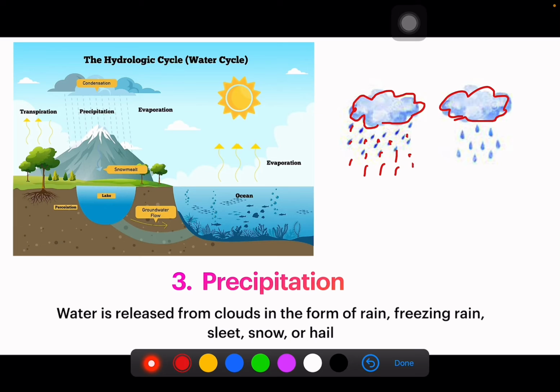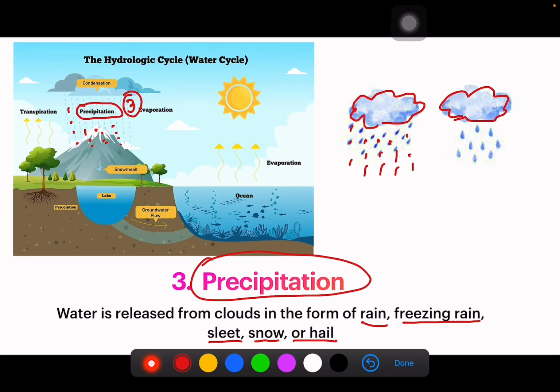This is called precipitation. This is in the form of rain, freezing rain, sleet, snow, or hail. So precipitation is the third process in the water cycle. This is number 3.